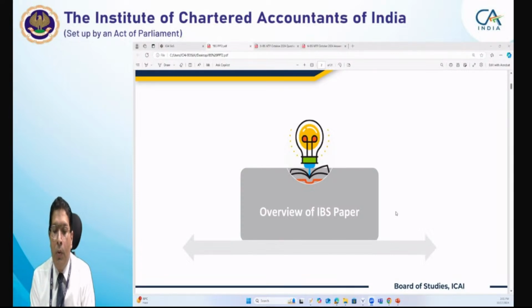Instead, you will face a case that simulates real world business problems. These cases require you to apply knowledge from multiple subjects at CA Final level, use strategic frameworks like Porter's Five Forces, value chain, business model canvas, and consider both financial and non-financial factors when providing solutions.